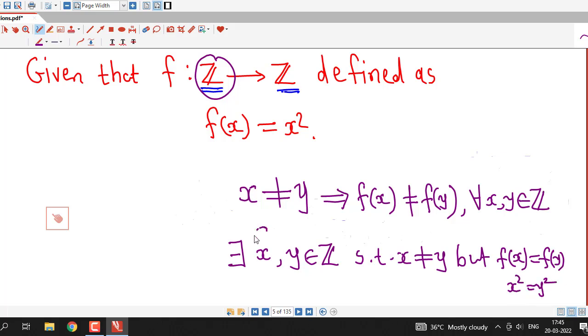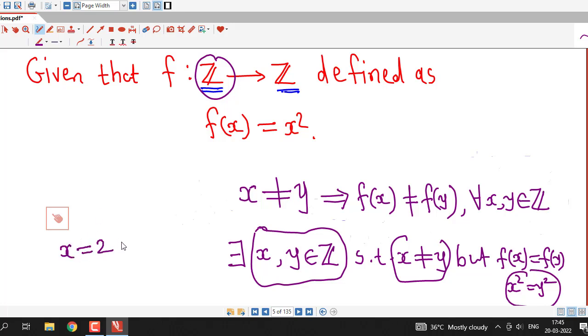So we have to find particular values of x and y such that x and y are different but their squares are equal, and that is easy to find. If we take x equal to say 2 and y equal to minus 2, then x and y are different, but if we take square of x and square of y, we will obtain 4.